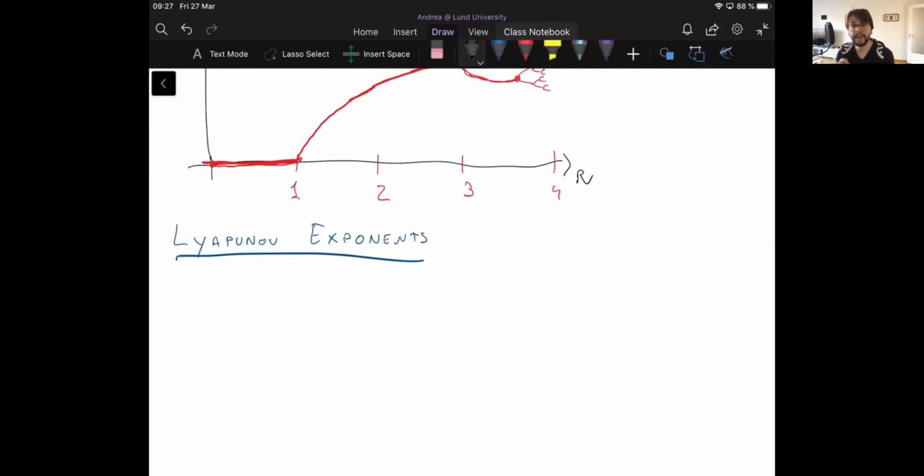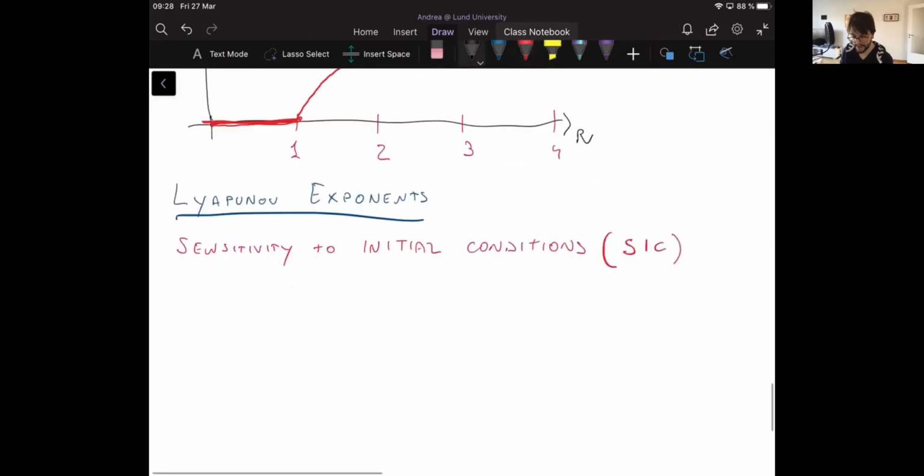But a small deviation from the starting point will imply that your system will evolve in a completely different way. And this is called sensitivity to initial conditions, often shortened in this context as SIC.